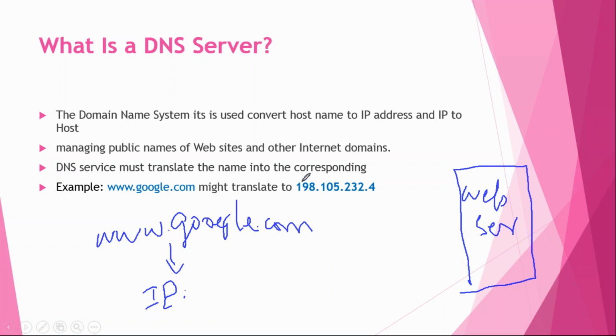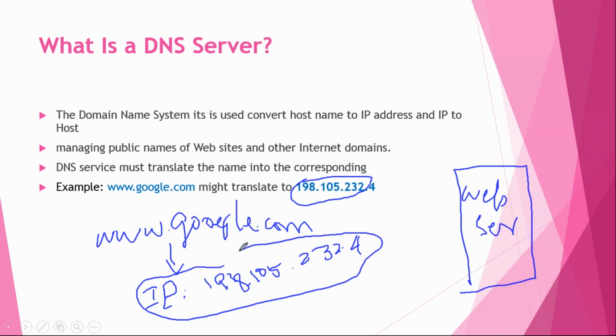As I mentioned in the example, the IP address is 192.168.105.230.4, so it tries to convert to this IP address, 198.105.232.4. If it is working, then the website will be accessible for you. If it is not connecting with its IP address, the message will come: cannot find the server.